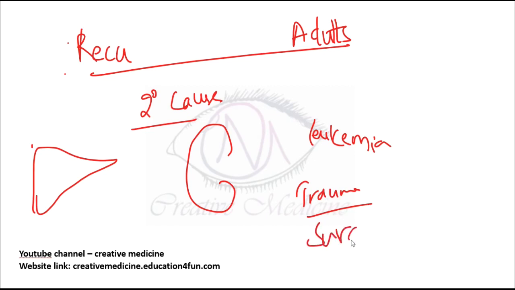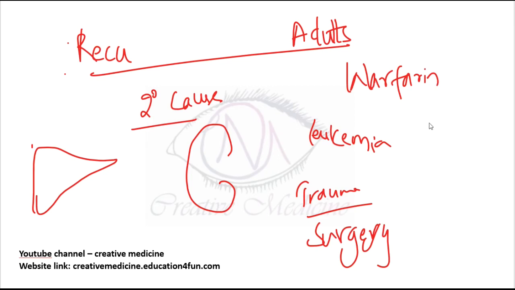Post surgery, especially nasal surgeries, can cause recurrent epistaxis. And if the patient is on warfarin, an anticoagulant which inhibits the vitamin K dependent clotting factors because it inhibits the vitamin K epoxide reductase enzyme, as a result warfarin will also cause recurrent epistaxis.